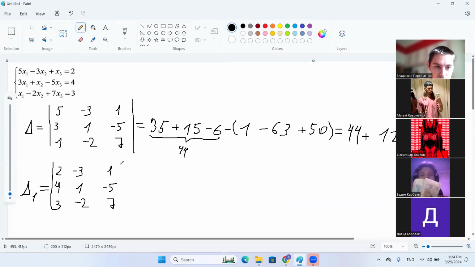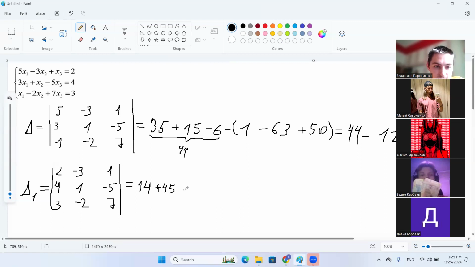And now let's calculate. We multiply 2, 1, and 7, it will be 14. Plus minus 3 multiplied by minus 5 and 3, it would be 45.